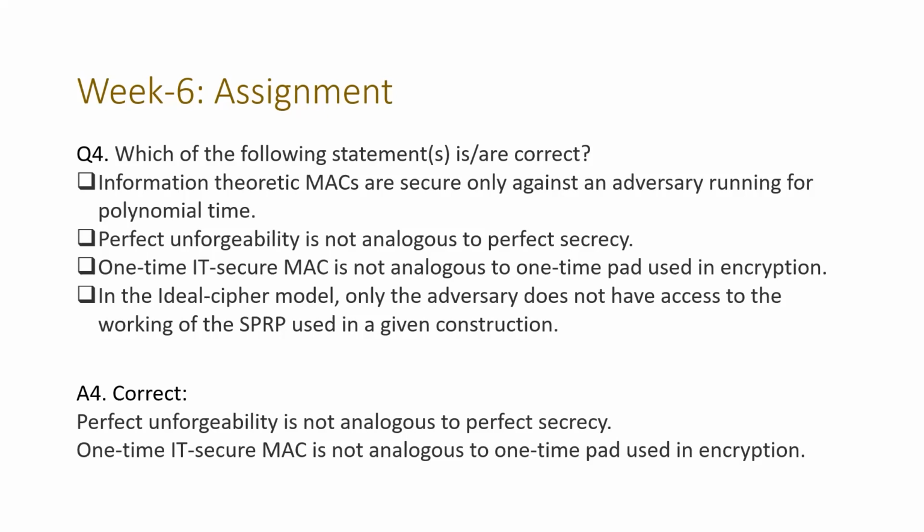It just queries the oracle with x and k, and gets back f_k of x, where f is our strong pseudo-random permutation. So it is not only the case for the adversary, but for all the entities taking part in the crypto primitive in the ideal cipher model. So the last statement, only the adversary, is wrong. The correct statements are the second and third one.